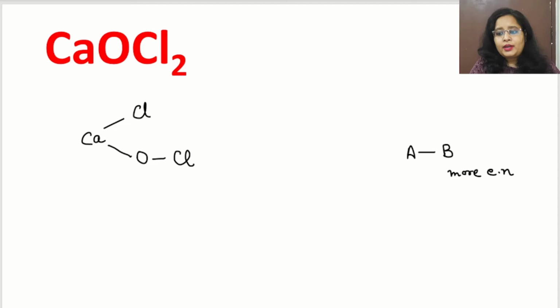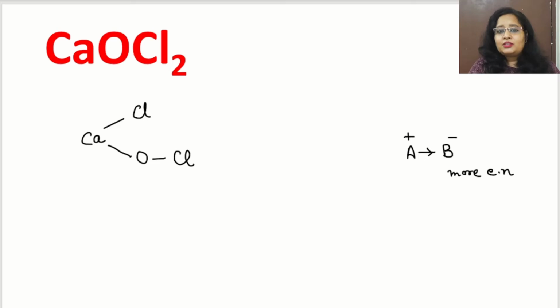B will attract the shared pair of electrons towards itself and have the negative charge. So B will become negative and A will in turn become positively charged, and this charge is called oxidation number. For B we can say oxidation number is -1 and for A we can say oxidation number is +1. This theory we will apply here to count the oxidation number.